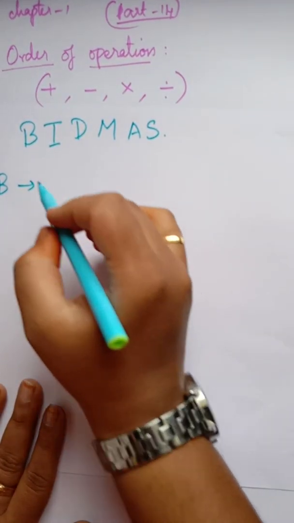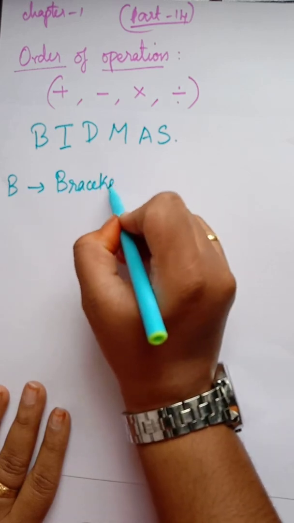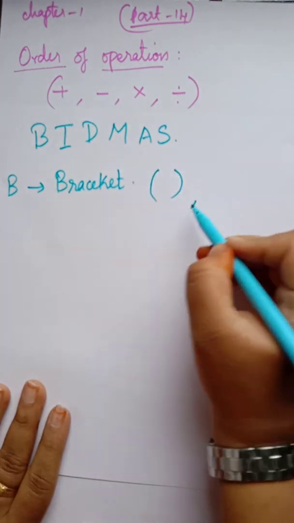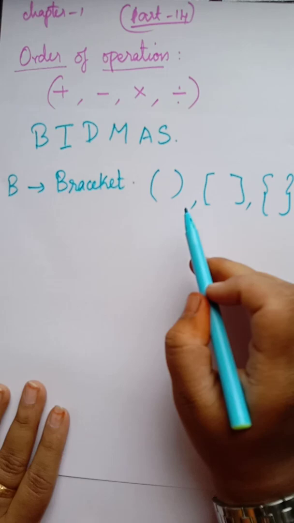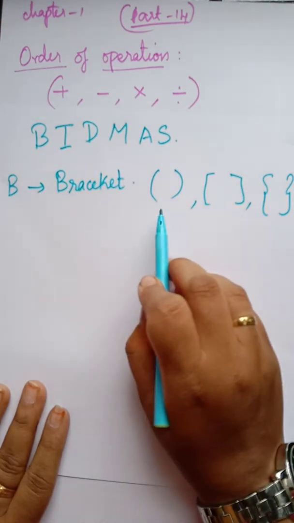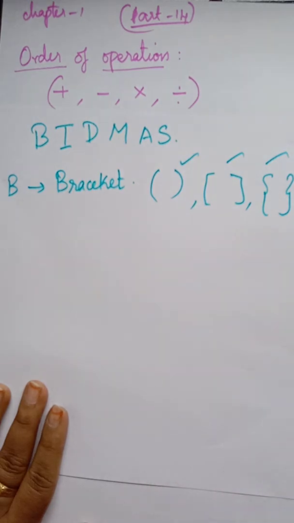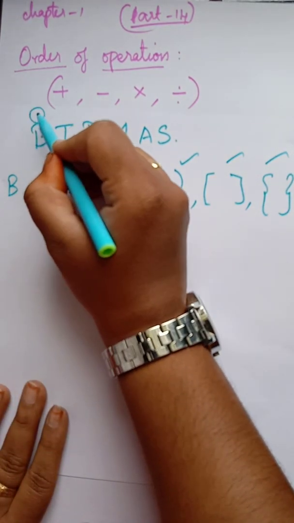You already know what a bracket is, this one or this one. So these three kinds of brackets will be available in the order of operation. The first thing is bracket.